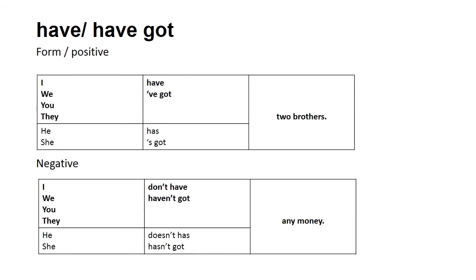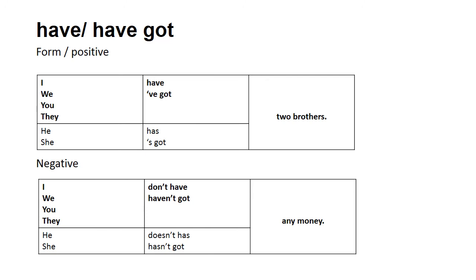We can use have or have got. The positive form: in case of positive, we use the subject I, we, you, they plus have or have got, and continue the sentence. Or we can use he or she plus has or has got, plus the rest of the sentence.